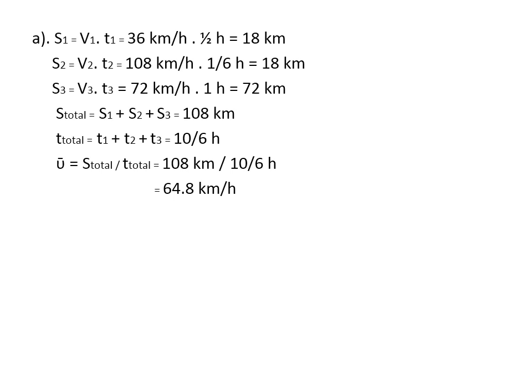Because of that, average velocity equals total distance s total per total time t total equals 108 km per 10 per 6 hour. So the answer for average velocity is 64.8 km per hour.